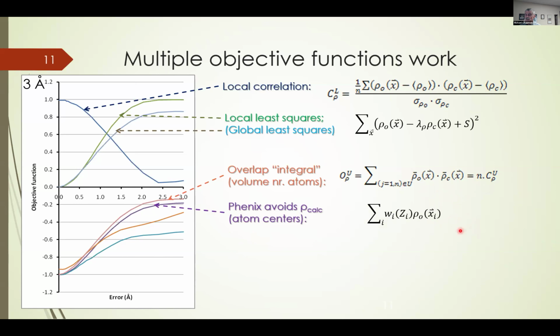And this is the fast method that's used in Phenix real space refine, where you now replace the calculated density at each atomic center with a weight that's really just proportional to the number of electrons or the atomic number of each atom. And so this then becomes a very fast evaluation and is attractive for many purposes.